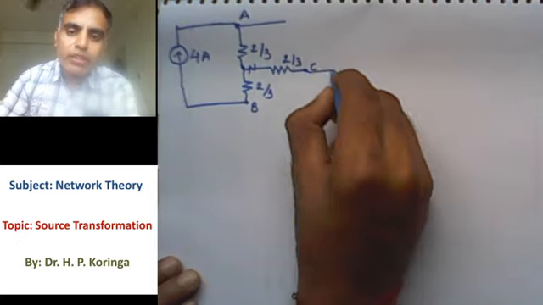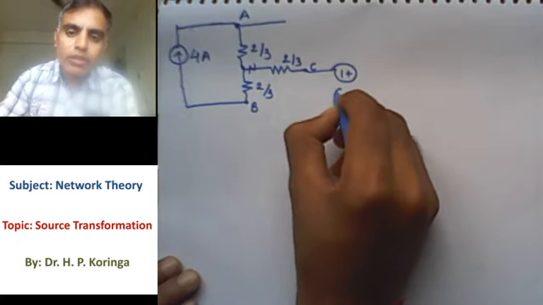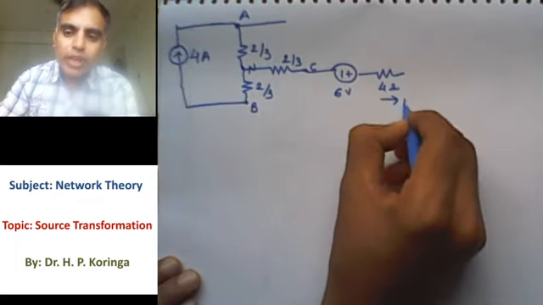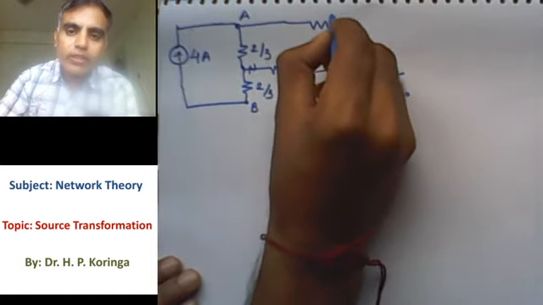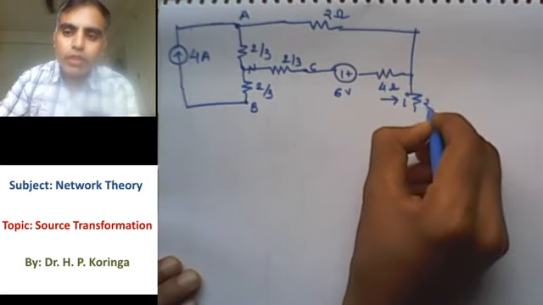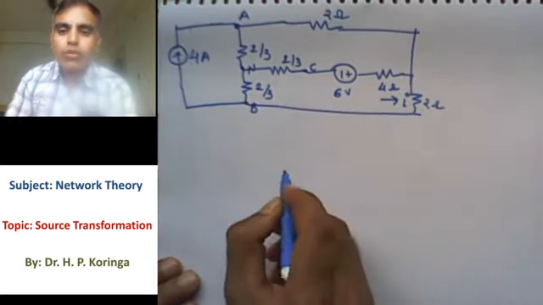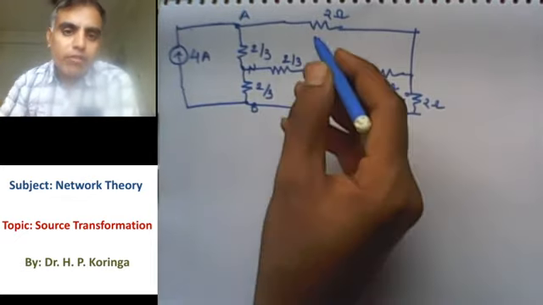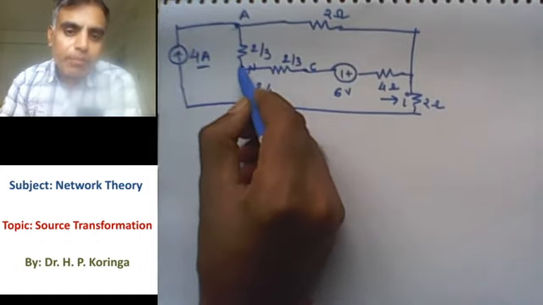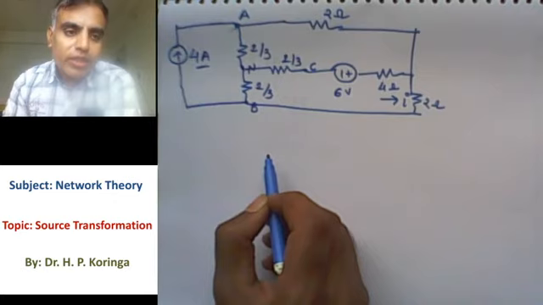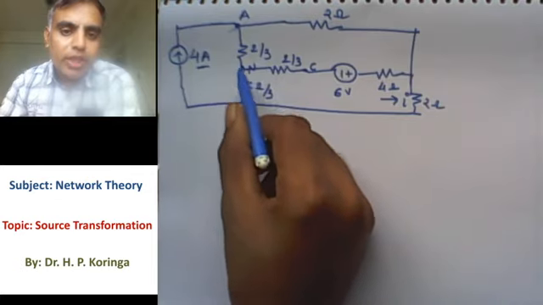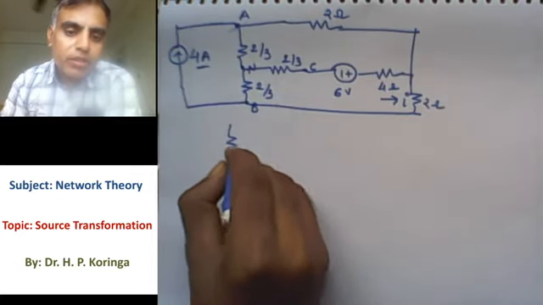Here we have the 6 volt, the 4 ohm with current I, 2 ohm and 2 ohm. Now if we apply the rules, this current source can be applied in parallel to both the 2 by 3 resistors. This is one of the rules, right? A single current source can be applied in parallel to this 2 by 3 and 2 by 3, so it can replace the network.